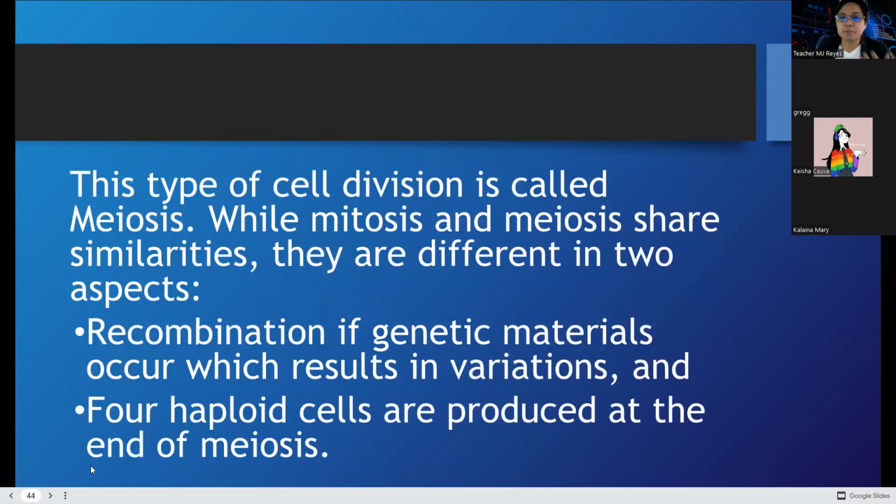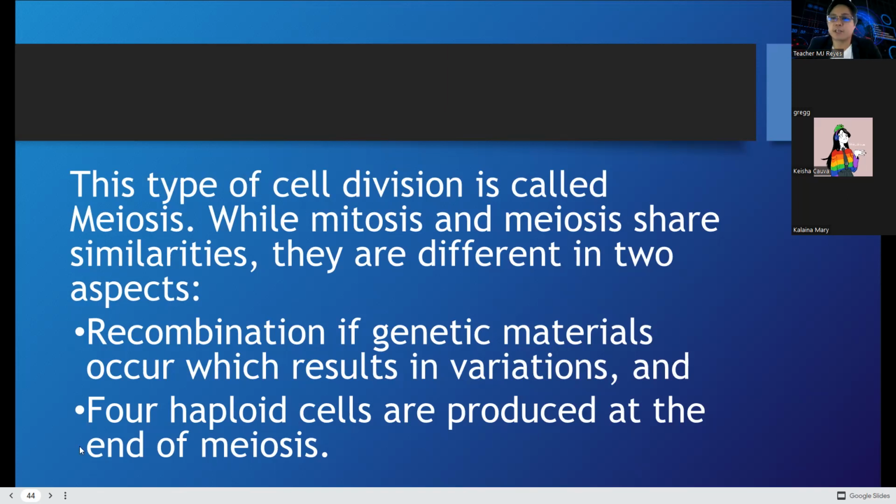Okay. This type of cell division is called meiosis or meiotic cell division. While mitosis and meiosis share similarities, they are different in 2 aspects. Number 1, recombination of genetic material occurs, which results in variations. This is the reason why we have a variety of species. And 4 haploid cells are produced at the end of meiosis.